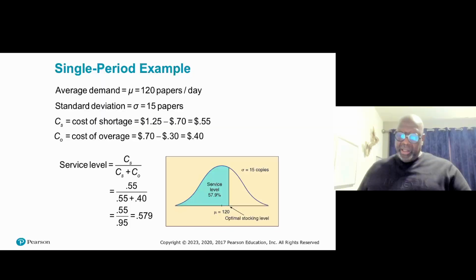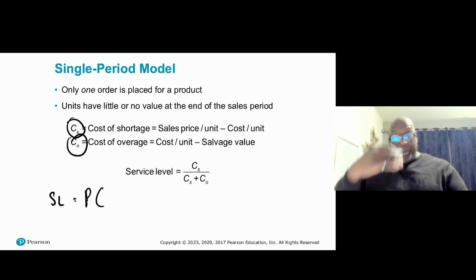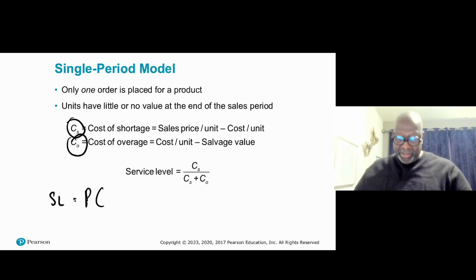Now, to get the model, we need to consider the following. We want to have a service level that we will call SL, which is the probability that we will be able to meet the demand. So we want to stock a quantity that gives us a certain service level.